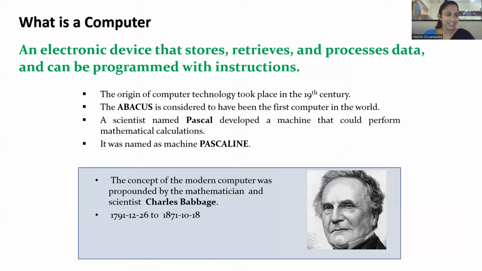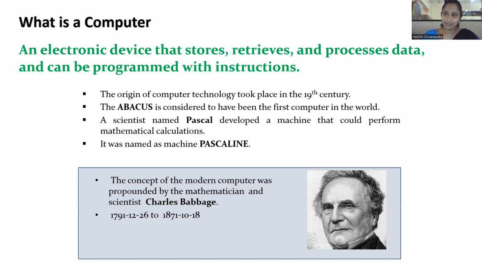Without history, there are no forwarding options, so you should be aware of the history of computer technology as well. When we talk about the history of computers, we should know that an electronic device that stores, retrieves, and processes data and can be programmed with instructions is called a computer.